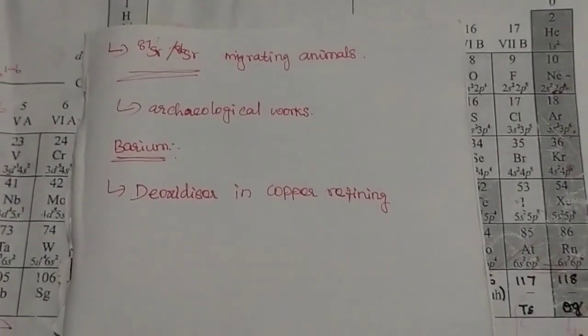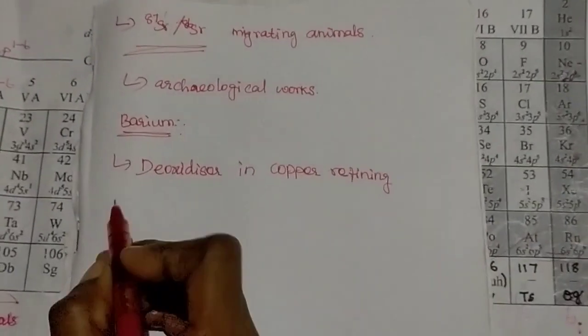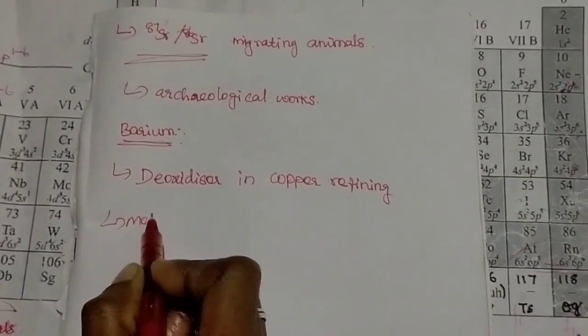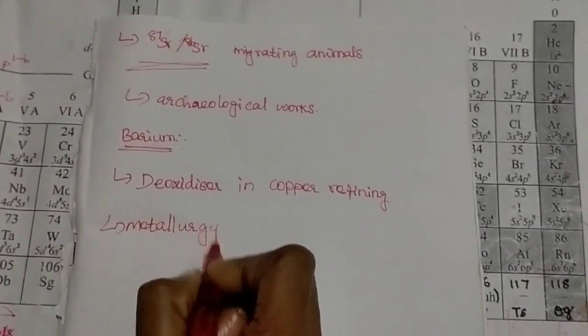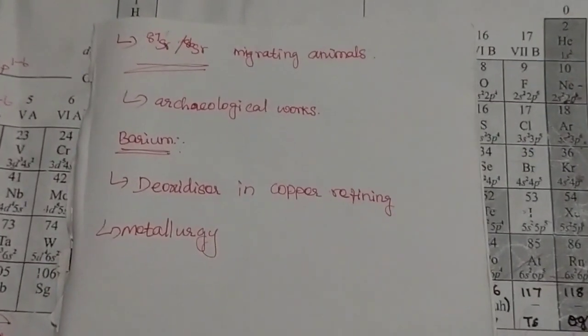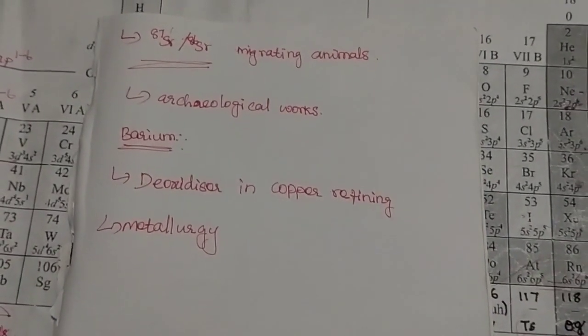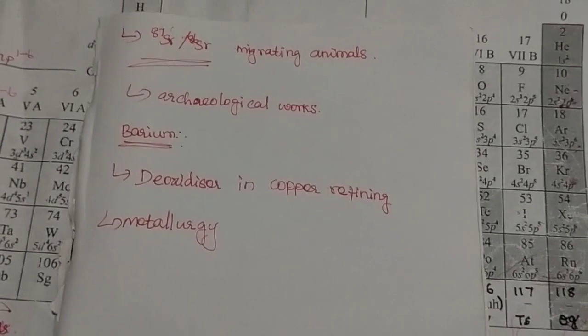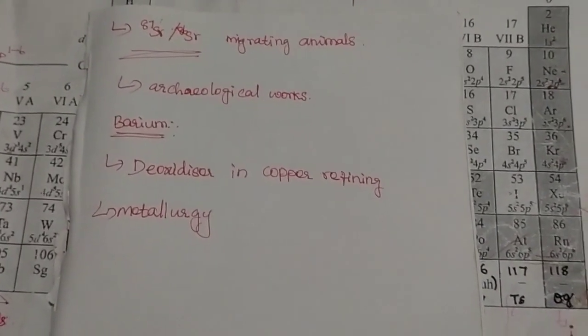And barium plays an important role in metallurgy processes. We use barium in pyrotechnics, petroleum mining and radiology. So in all these areas we use this barium.